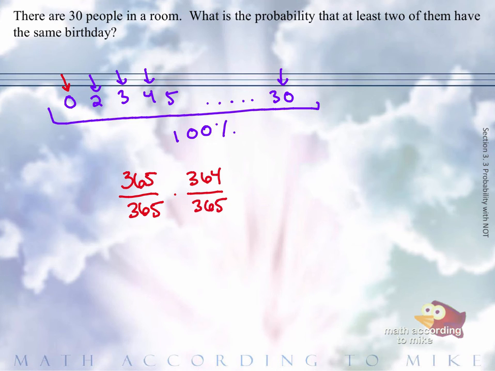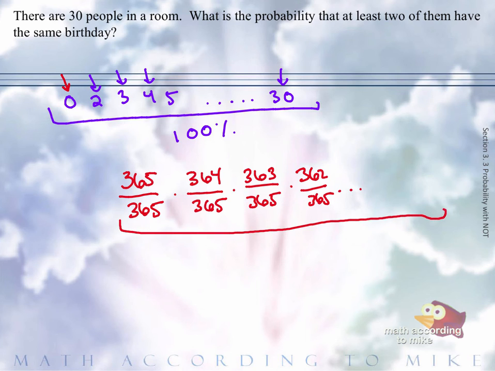And then the third person, they can't pick the birthday of the 2 people before them, so 363 over 365. And then the fourth person, 362 over 365. Well, this happens for all 30 people in the room. So this happens 30 times.